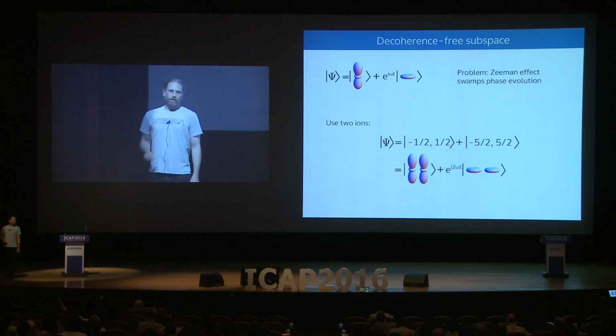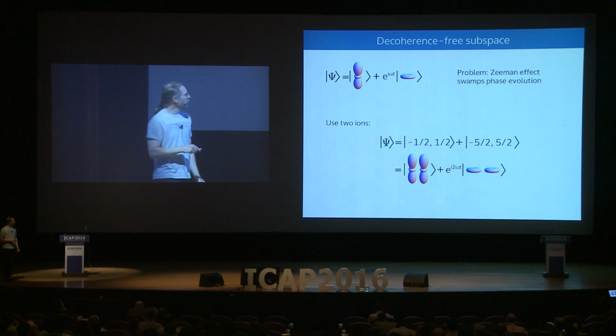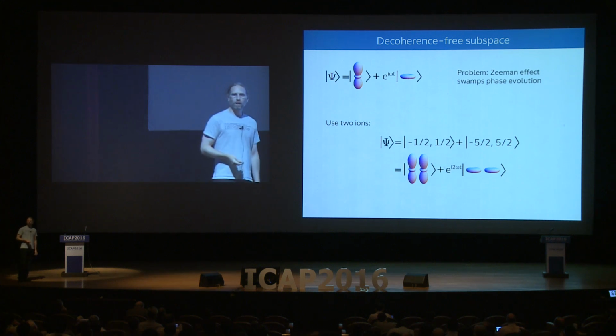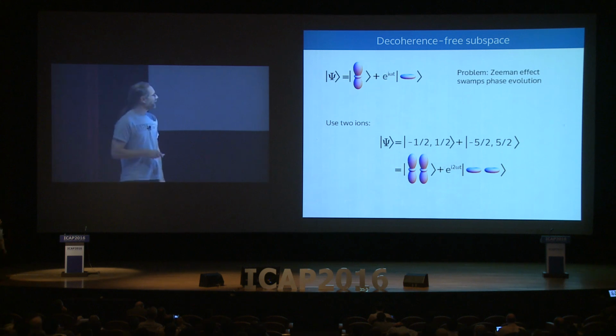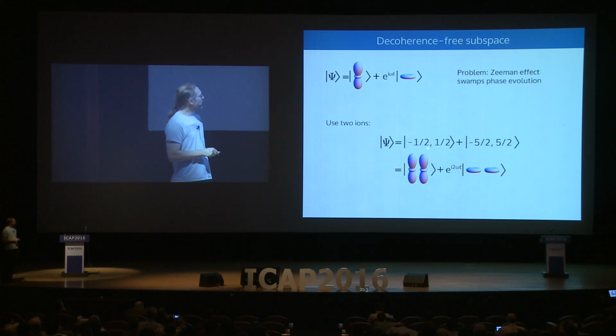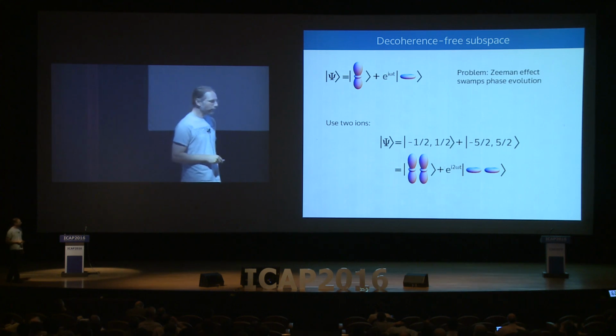The way out that we came up with is to use something known in the quantum information community as a decoherence-free subspace. If you have, for instance, a state like this, and you analyze it, here one ion is in a -1/2 state and the second ion is in a 1/2 state.